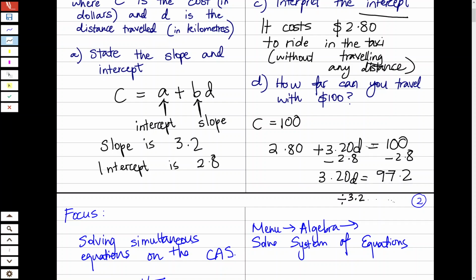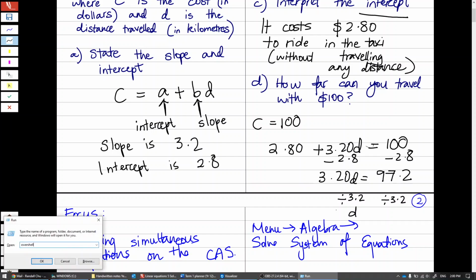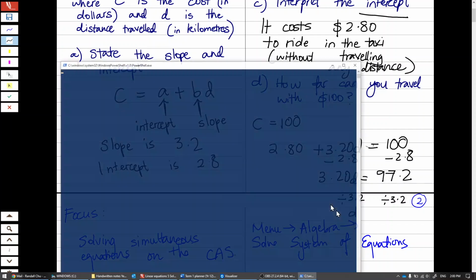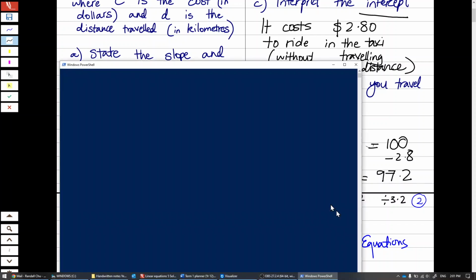Actually, I kind of want to do something like this. Okay, and using your trusty calculator, you'll get 30.375.